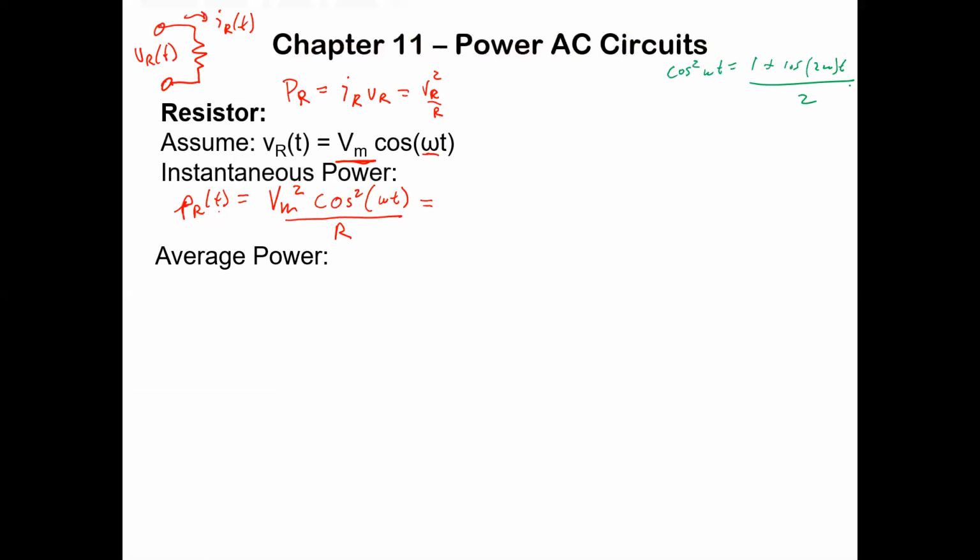Basically that is a raised cosine. So if we use that trig identity, we can say that's just Vm squared over R times 1 plus cosine of 2 omega t, all over 2.